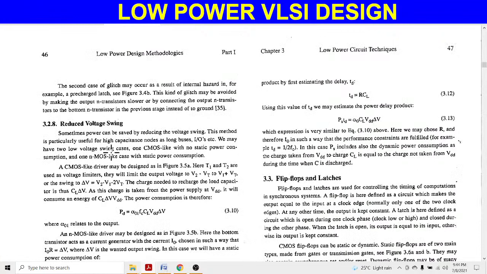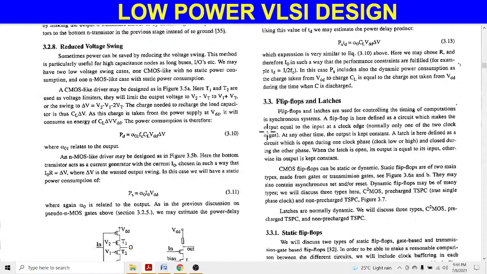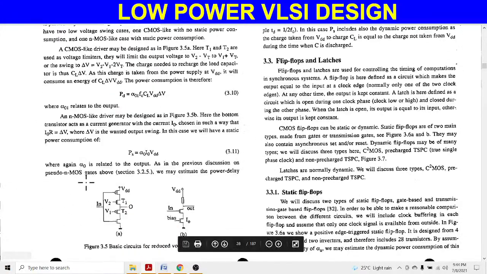Okay, so one more parameter is here, reduced power swing. We can also reduce the power dissipation by reducing the VDD, by reducing the voltage swing. What is the meaning of voltage swing? Voltage swing means the change of voltage from highest potential to lowest potential. Okay, here one circuitry is represented.